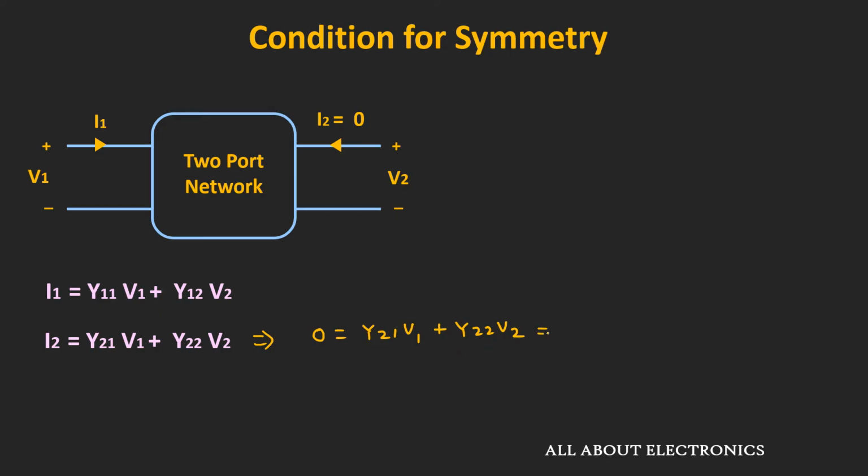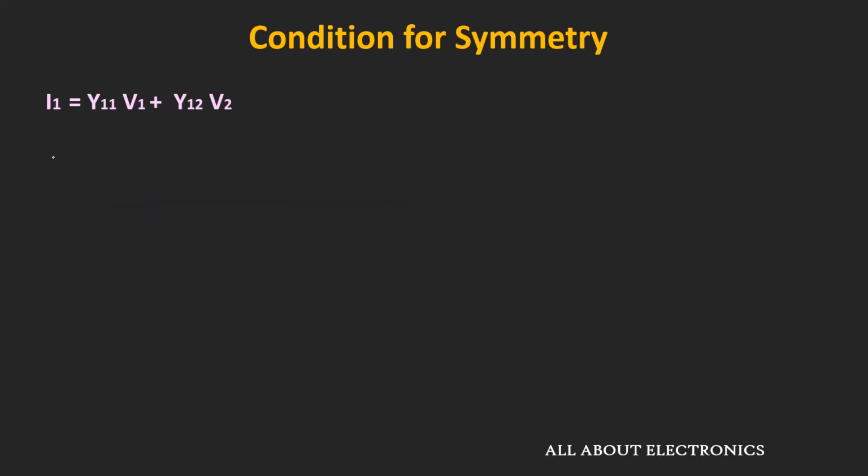So from this expression, V2 is equal to minus Y21 divided by Y22 times V1. Let us put the value of V2 in the first expression. That means current I1 is equal to Y11 times V1 plus Y12 times minus Y21 divided by Y22 times V1.